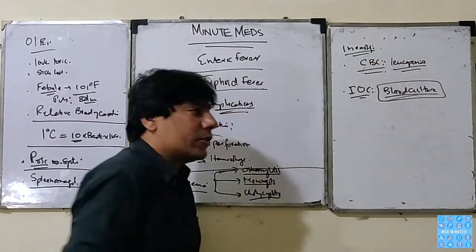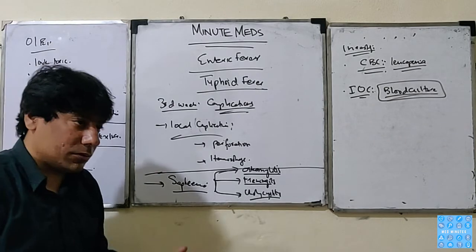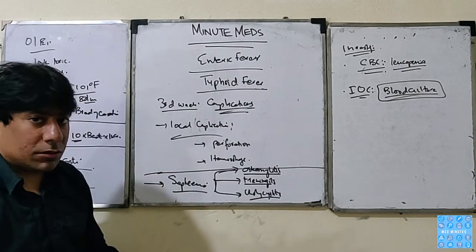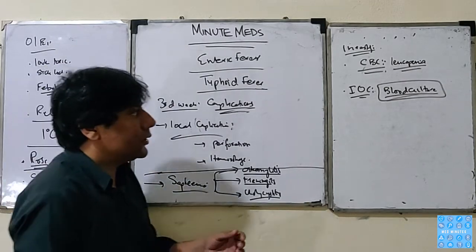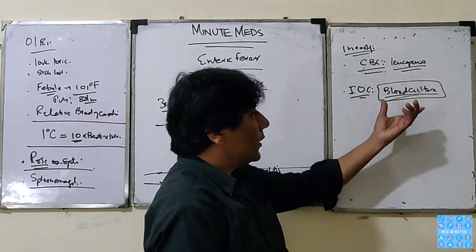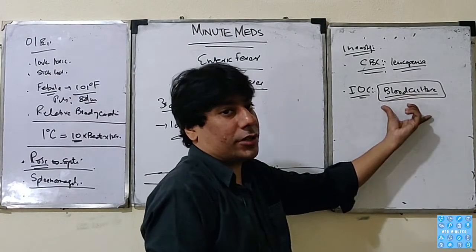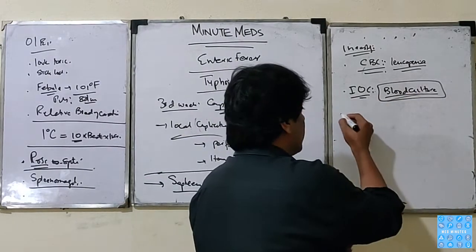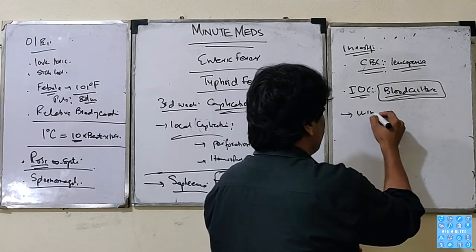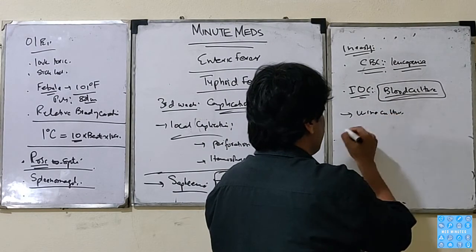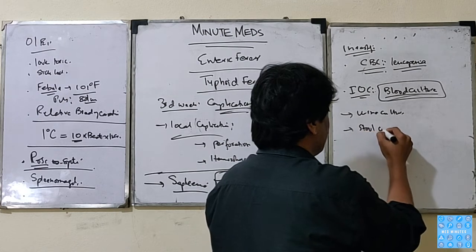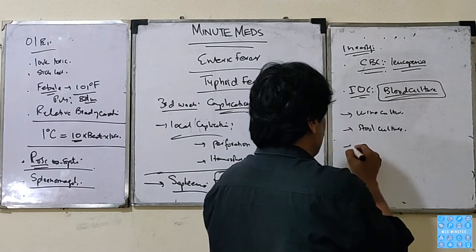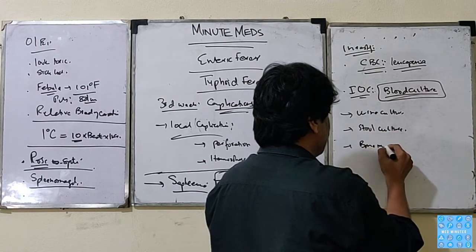Then we have another battery of tests that are supportive and can yield results, but the investigation of choice is blood culture. Others might be urine culture, stool culture, or bone marrow aspirate.